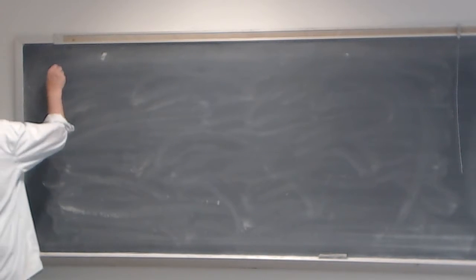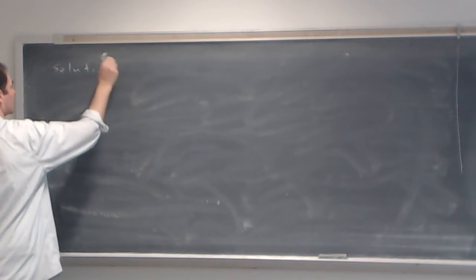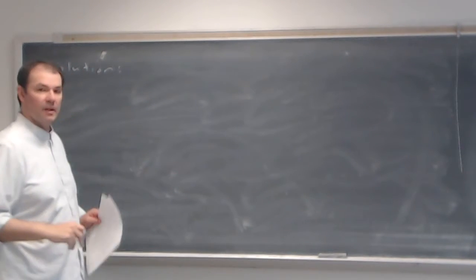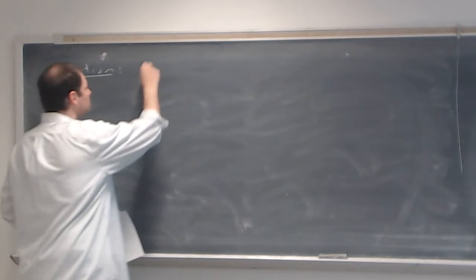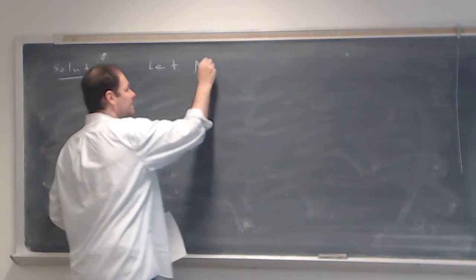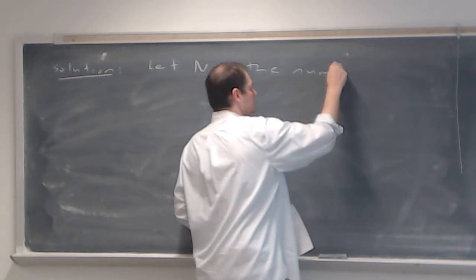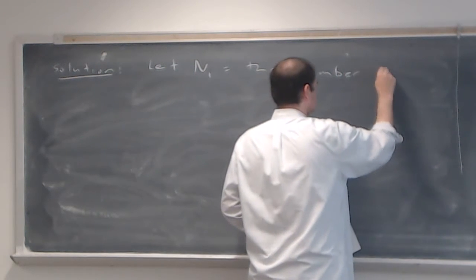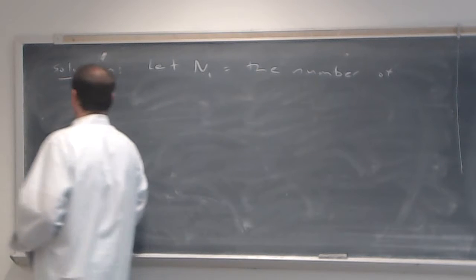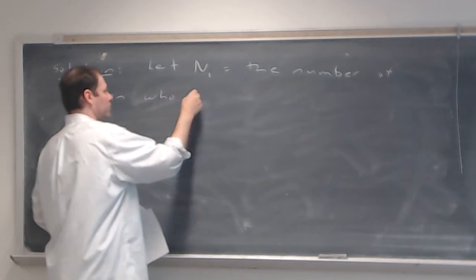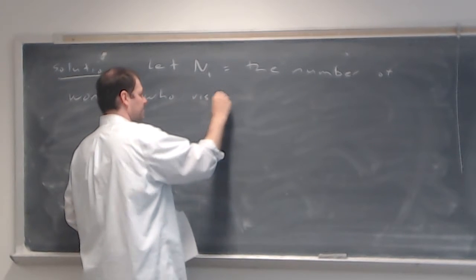So here's the solution. We're going to define some random variables. We're going to let N sub 1 equal the number of women who visit the academy.